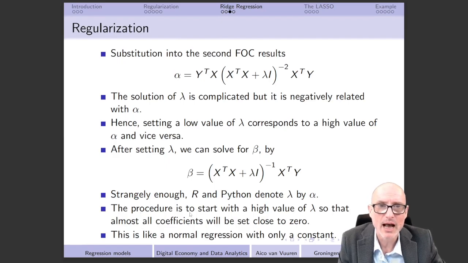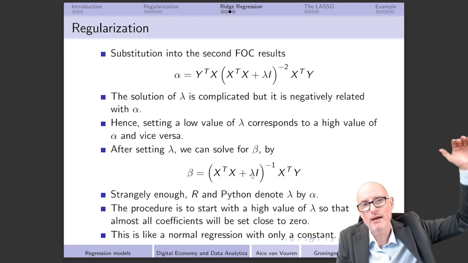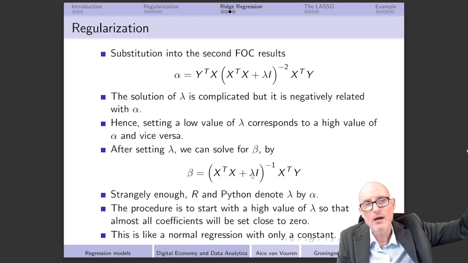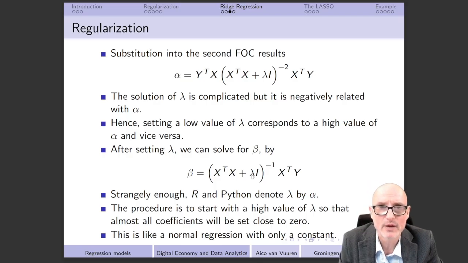So that also helps us think about how we are going to choose the lambda that we have over here, because what we can do in a cross-validation is start with a very high level of lambda. That means that almost all the coefficients will be close to zero, because at that moment in time we have a very, very restrictive regression.